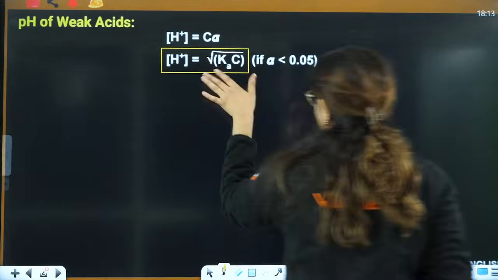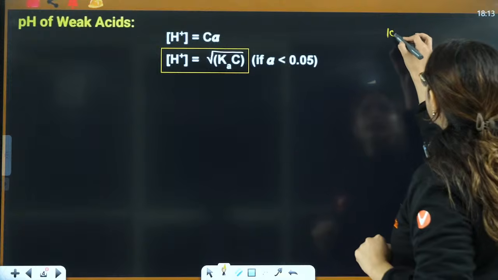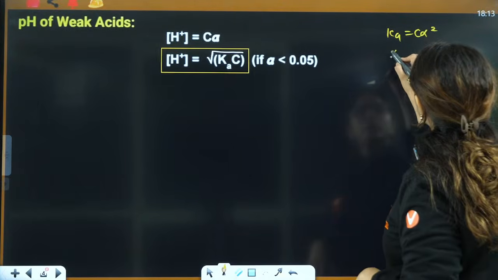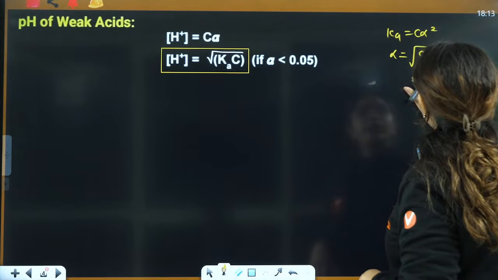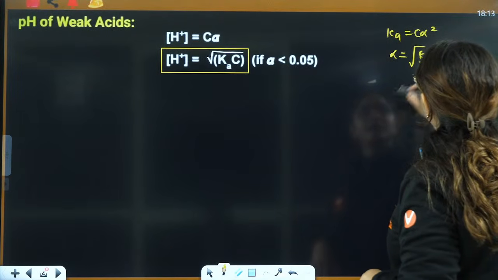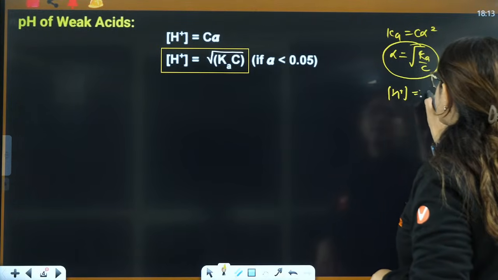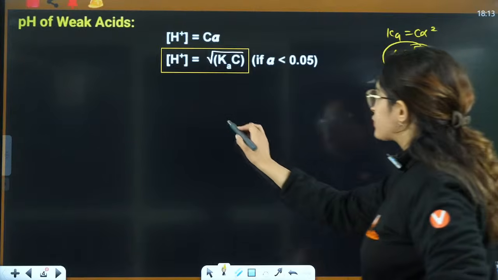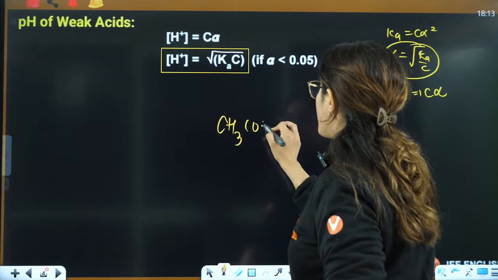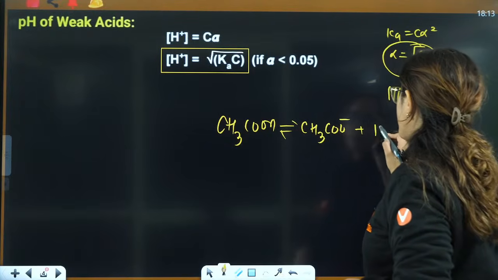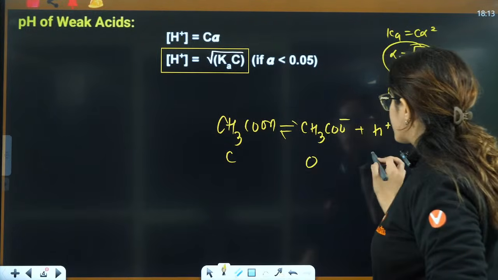Those who are thinking how it is coming, we know that Ka is equal to C alpha square. We derived it properly. Then we know that alpha is equal to under root of Ka by C, and H positive is nothing but C alpha. If you see this here, this is CH3COOH, this is CH3COO negative. This is a weak acid, no? Take it as C, 0, 0.